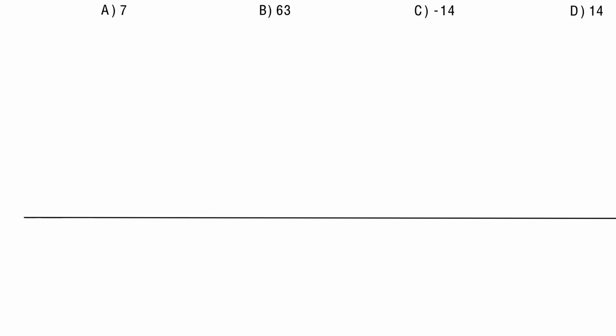So m minus 2 and m plus 2 are factors of m squared minus 4, because m squared minus 4 is a difference of two squares, the two squares being m minus 2 and m plus 2 as factors. So we multiply the whole thing times m squared minus 4.